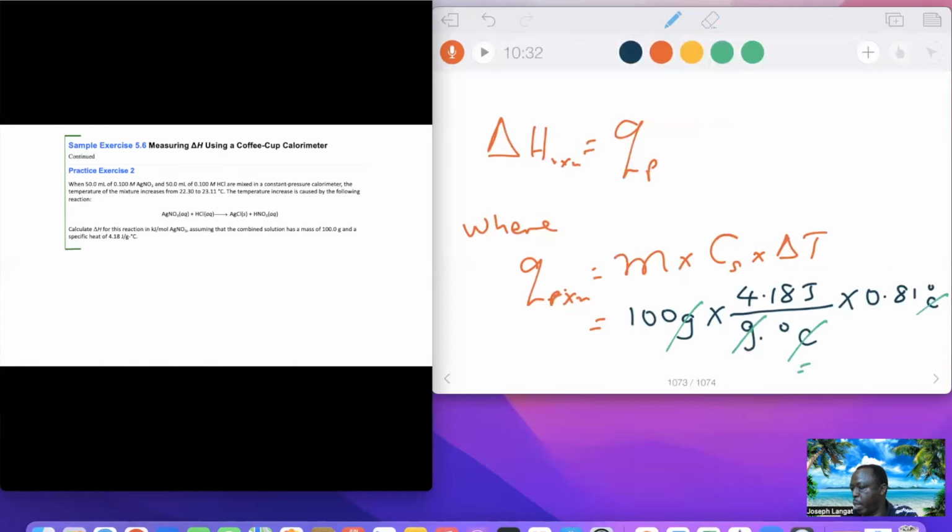If you multiply that, this will be 338.58 joules.